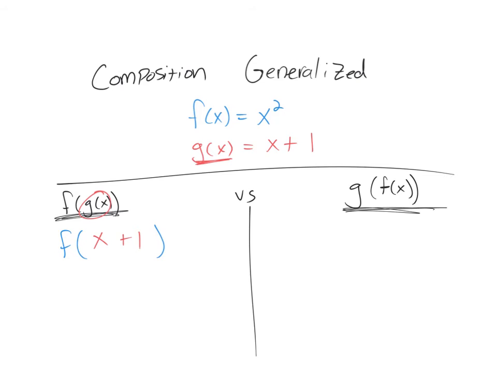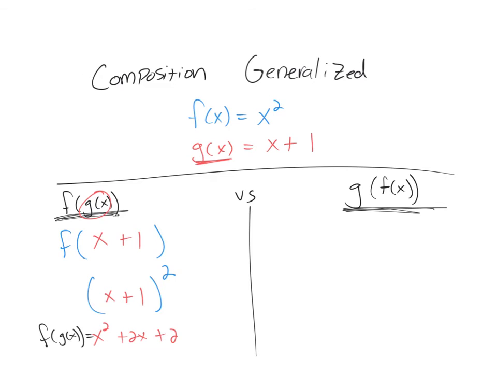So we'll go ahead and do that. So it was x squared, but now it's (x plus 1) squared, which we know to be x squared plus 2x plus 1. So we would say that f of g of x equals x squared plus 2x plus 1. So I hope you see that the g is actually legitimately inside and going into f.